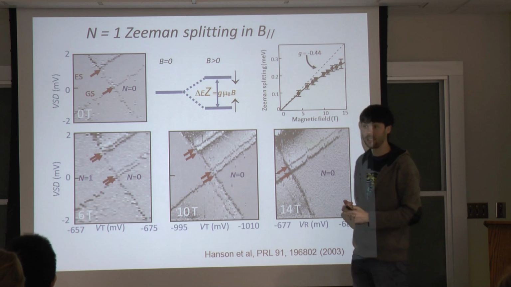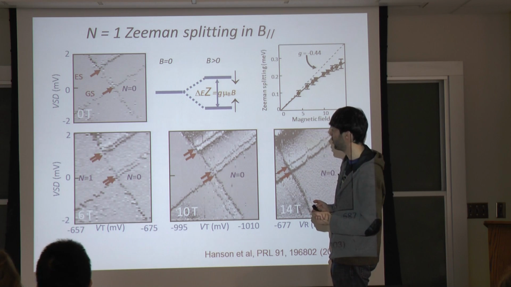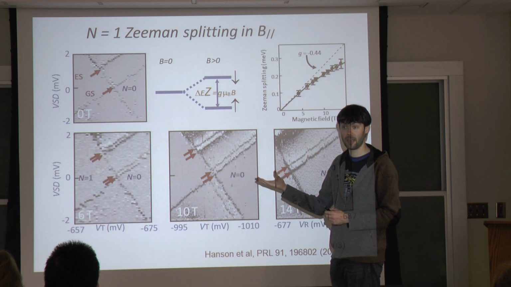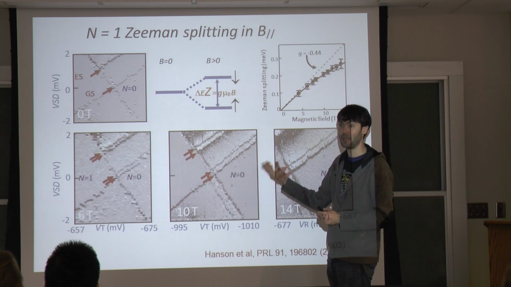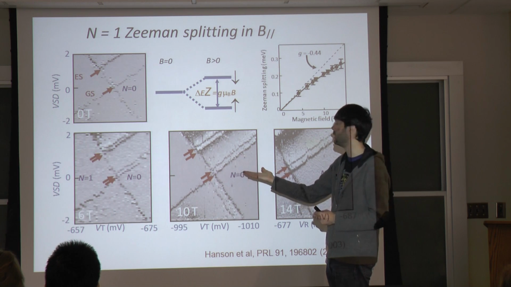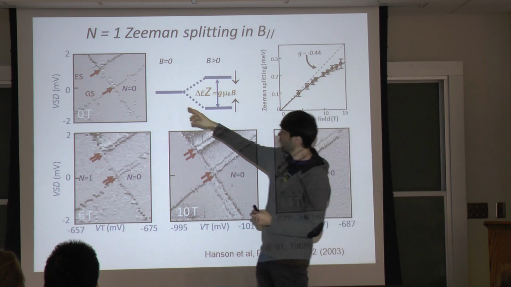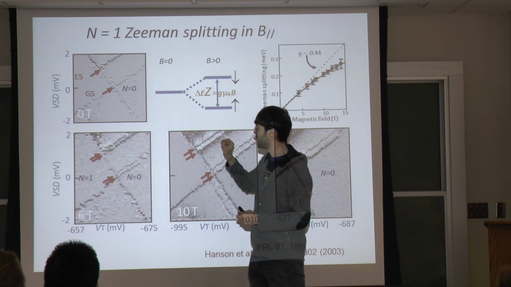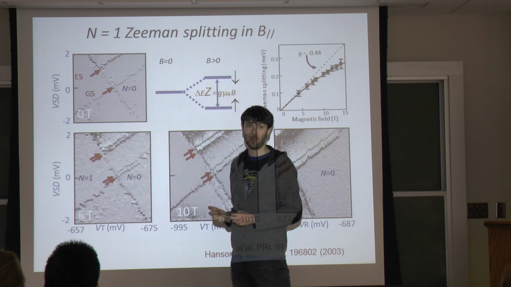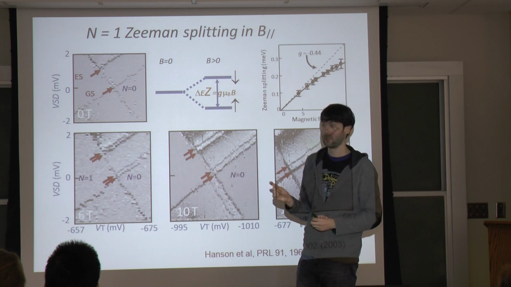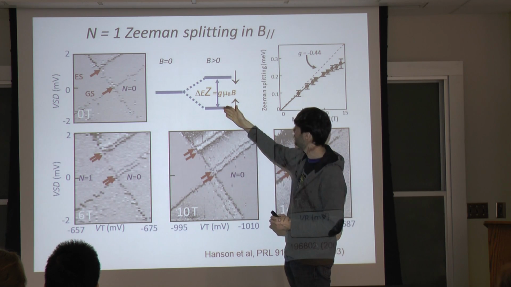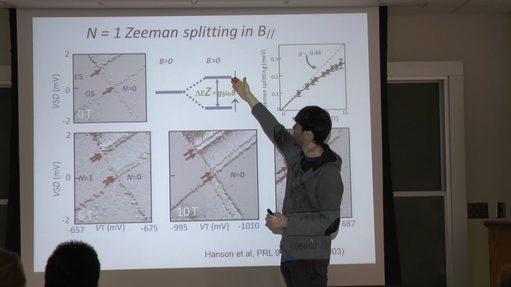And if you apply magnetic field, I showed this to you in an indium arsenide nanowire device last time, and now I'm showing it to you in a gallium arsenide device. Both the ground state and the excited states split by the Zeeman energy. So the Zeeman energy is just the energy between spin down and spin up.